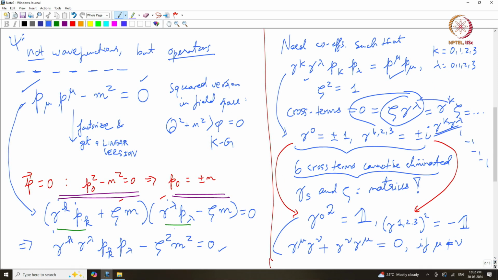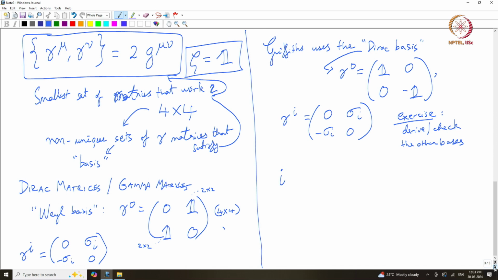Because p squared is minus partial squared. So, if I am taking the linear version of that, then I will put an i partial mu. But that is not all, I want the Lorentz index to contract with something, and that something, which might look weird when you see it the first time, is the gamma matrix itself.